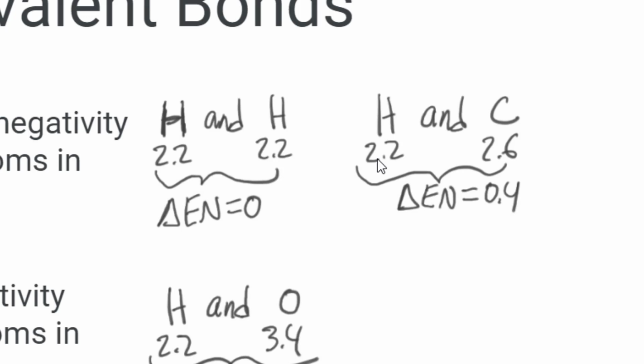It always bonds with another hydrogen atom in a sample of hydrogen. And the electrons shared between the two of them are shared equally because their electronegativity difference is 0, because obviously each of them has 2.2 for electronegativity from Table S. If we took the difference between them, there is no difference, so it's 0.